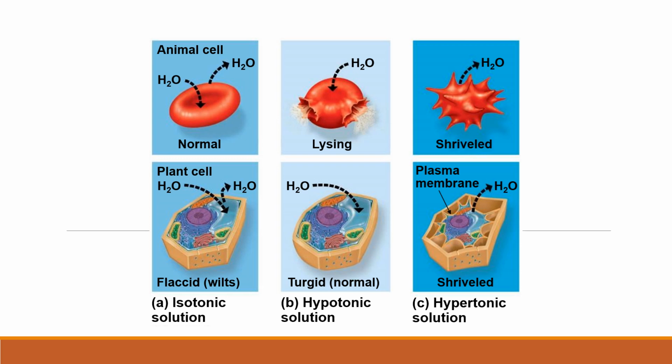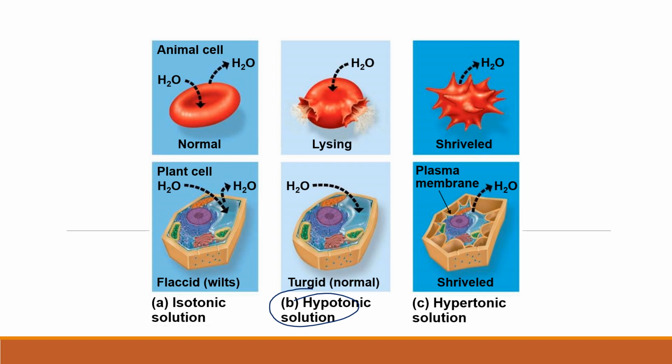Okay, with this image, we're going to see what's going to happen to a cell if a cell was to be placed in different types of solutions. Let's actually start with that middle picture right here. Let's say that you have an animal cell, let's say a red blood cell, and you took that red blood cell and you submerged it in a hypotonic solution. Remember how we said hypo means low?